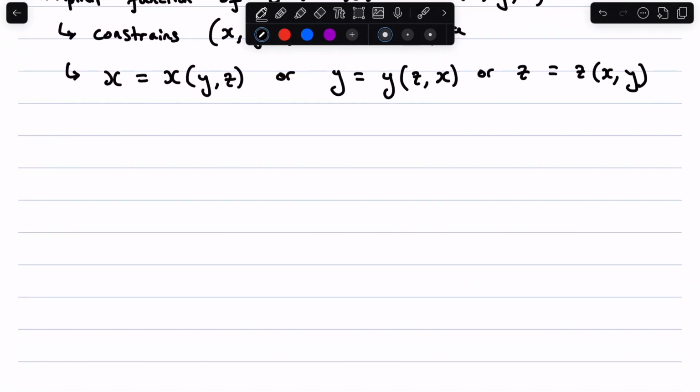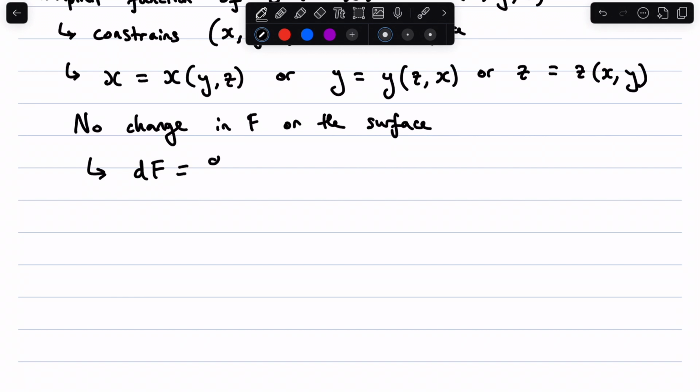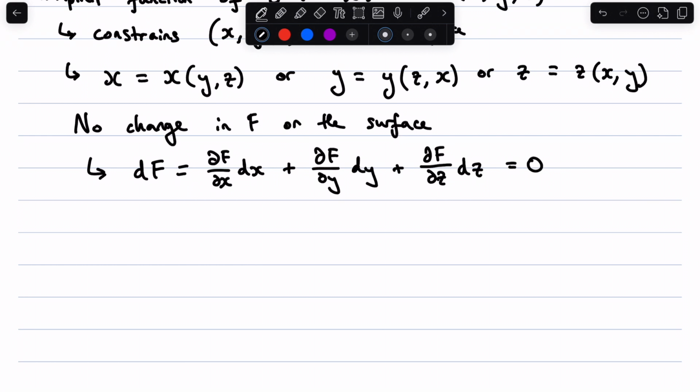So before we had no change in F on this curve where x and y were constrained. Now we have no change in F on the surface. So that will give us our total differential of dF equaling partial dF by dx plus partial dF by dy plus partial dF by dz, and that's equal to 0 again.